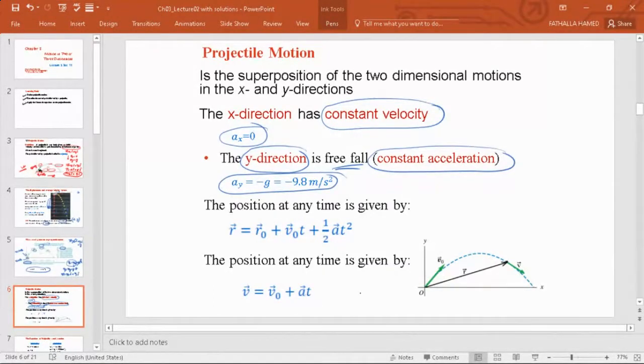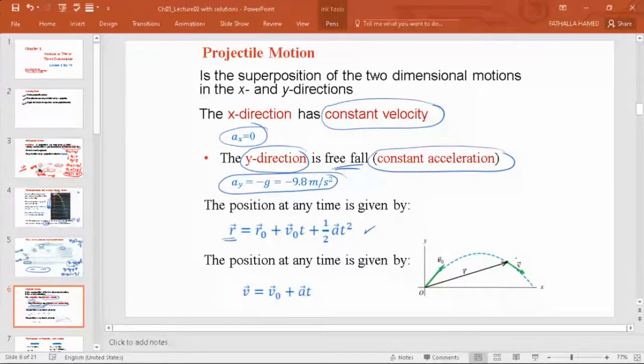Now, in 2D, you're going to deal with a position vector, so r, the position vector, is equal to r0 plus v0t plus 1/2 at squared. And v here will be v0 plus at, where v0 is a vector which has an x and y component, v0x i hat plus v0y j hat, and also the ax.